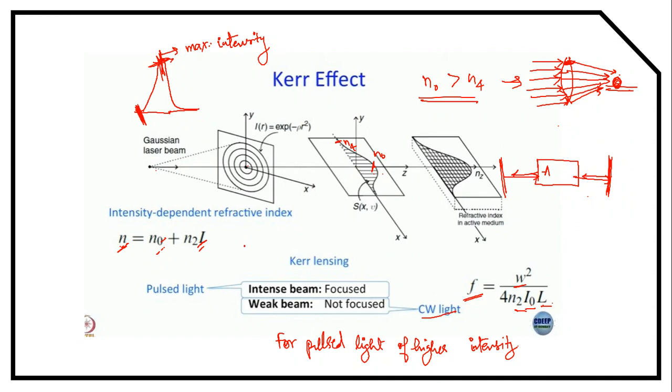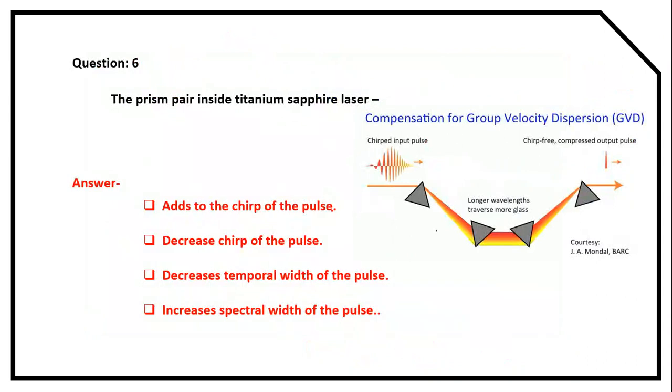The weak beam is not focused, and we do not get anything from it, but only the focused or intense part of the beam we get as the resultant beam. Now, coming to question number 6, what does the prism pair inside the titanium sapphire laser do?